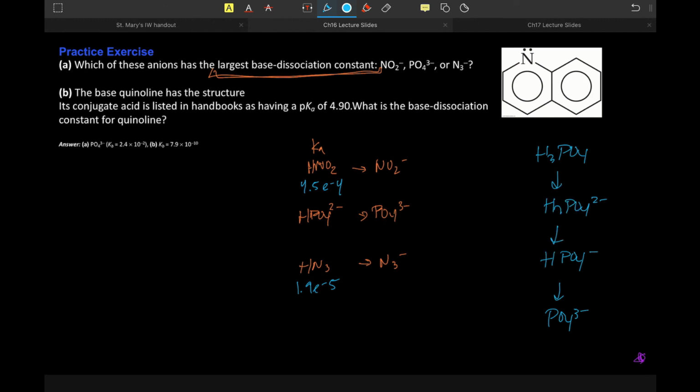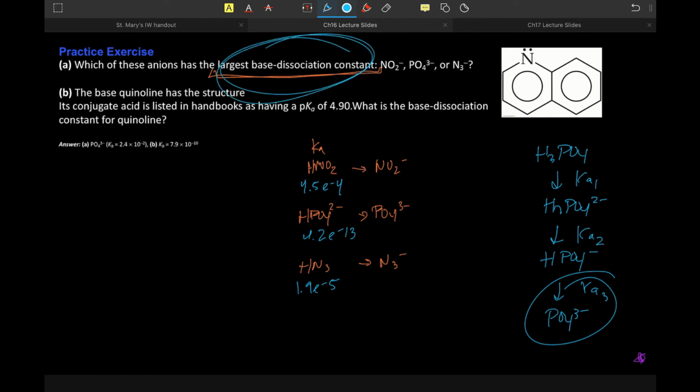What Ka are we looking for? This would be Ka1, Ka2, Ka3, so we are looking for Ka3, which happens to be 4.2 E-13. If I'm looking for the largest Kb, it's going to be the one with the smallest Ka, which means that one. All right, good, does that make sense? The other one is just, can you do some math?